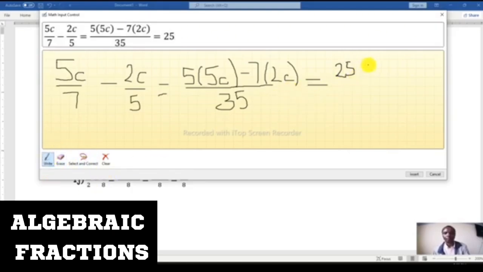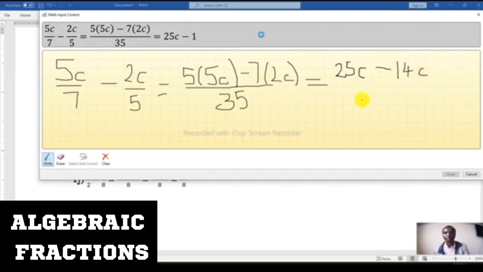Then we maintain the sign, 7 times 2, 14c, over the common denominator 35.